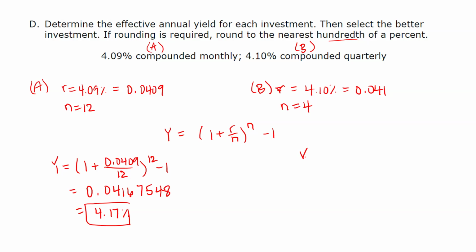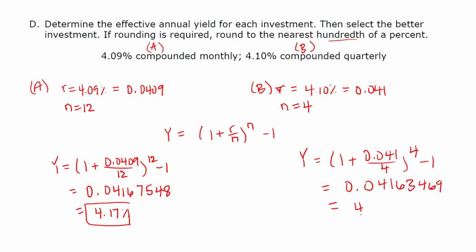Then for B, we'll have 1 plus 0.041 divided by 4, raised to the power 4, minus 1, which gets us 0.04163469. Rounded to the nearest hundredth, that will be 4.16%.